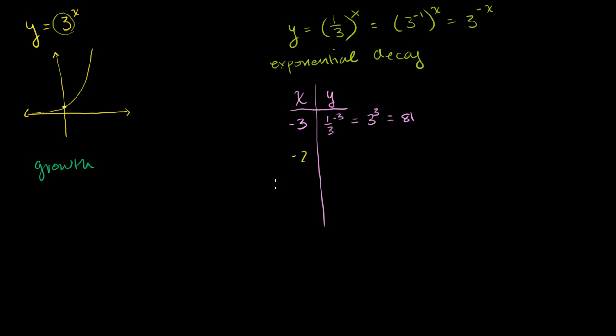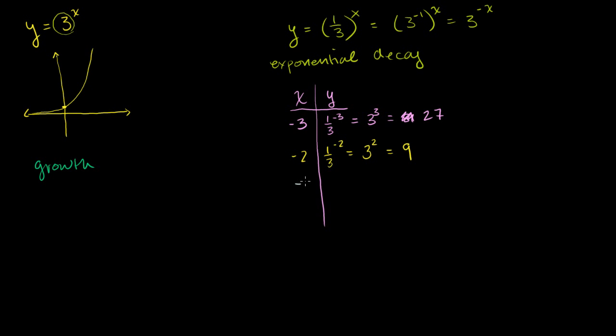What about negative 2? 1/3 to the negative 2 power is equal to 1 over 1/3 squared, which is the same thing as 3 squared. You just take the inverse of the number, get rid of the negative, and that is equal to 9. Oh, I got this one wrong up here. 3 cubed isn't 81. That's 3 to the fourth. 3 times 3 times 3 is 27. My brain is malfunctioning.